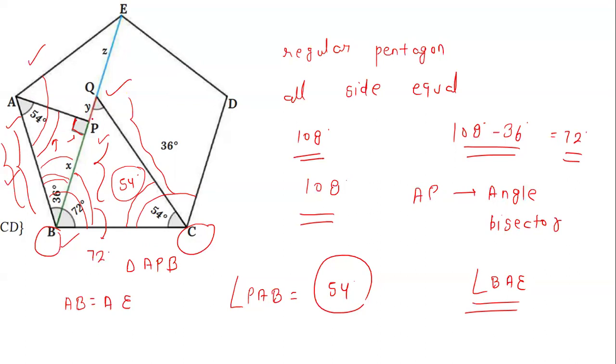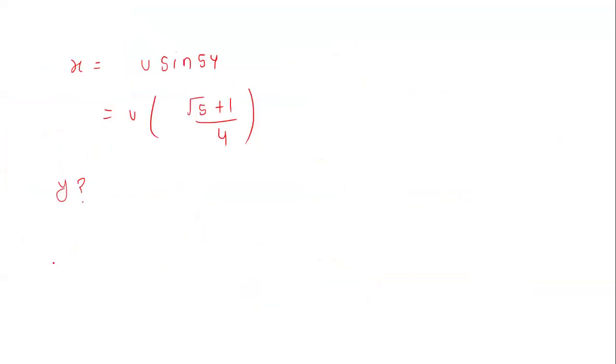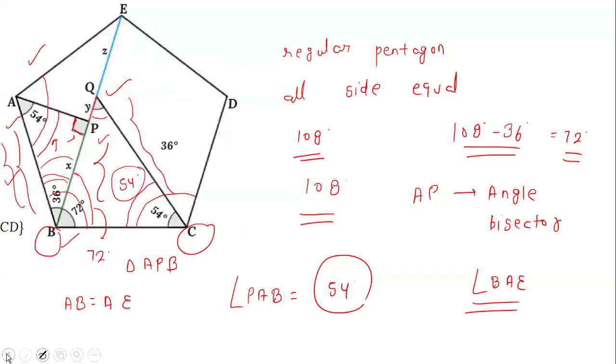Now we know this is 54 and this is 72, so we can find this angle: 180 minus (72 plus 54) comes to 54. So angle BQC is equal to 54 degrees.